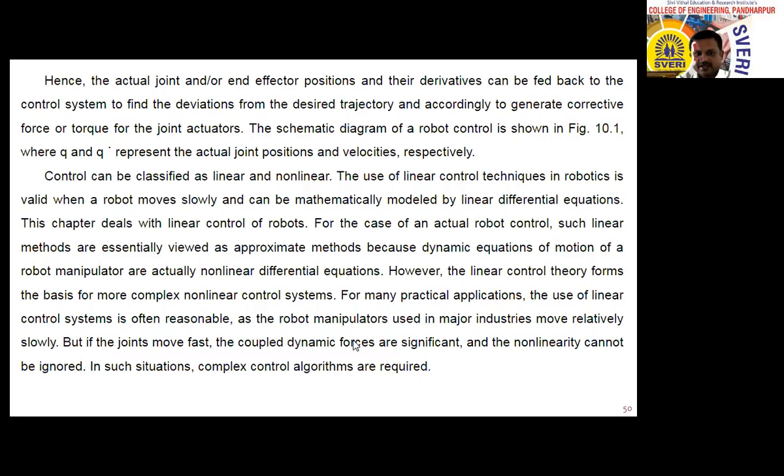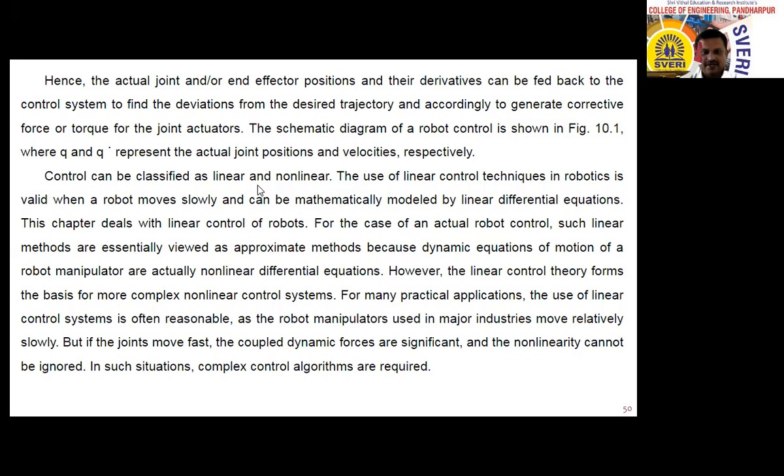Hence, the actual joint and/or end effector positions and their derivatives can be fed back to the control system to find the deviations from the desired trajectory and accordingly generate corrective force or torque for the joint actuators. The schematic diagram of a robot control is shown in figure 10.1, where theta and theta dot represent the actual joint positions and velocities respectively.